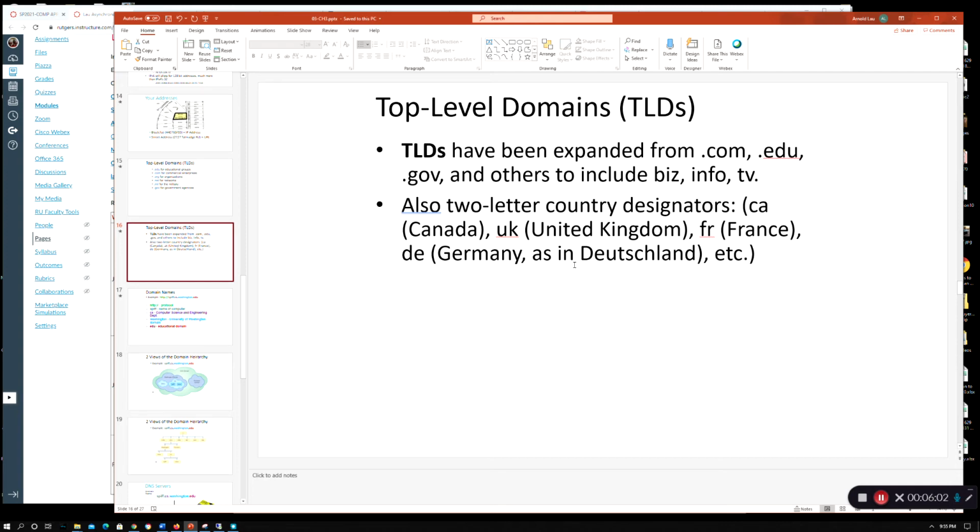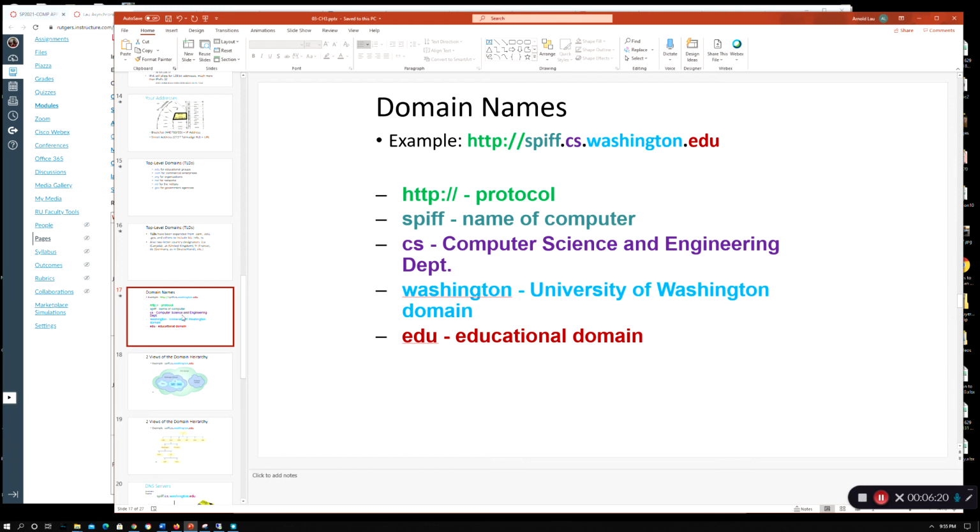So you can see different types of these, or countries, like Canada, UK, France, and so on and so forth. All of this is an effort to expand the scope here.